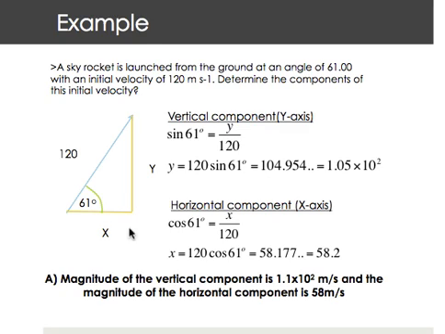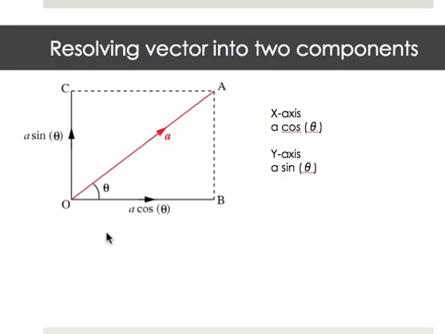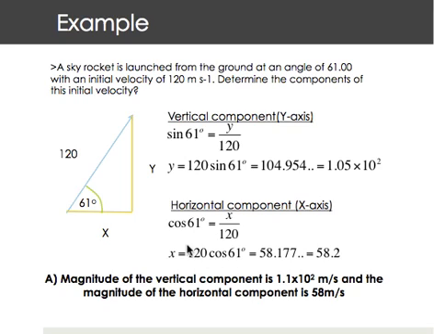So how about the horizontal component? From the concept, we know that the x component is A cos theta. In this case, A is 120, so 120 cos 61 is equal to 58.2.